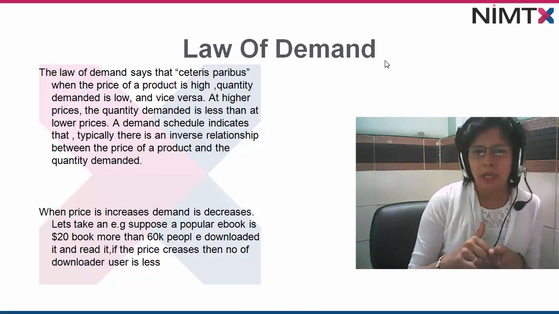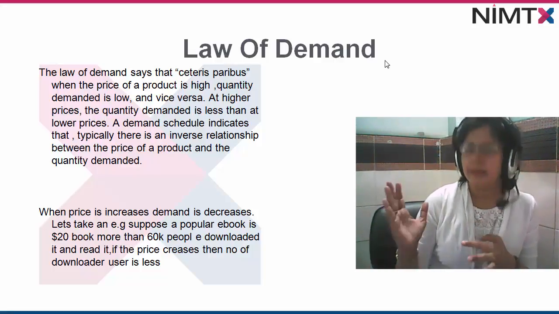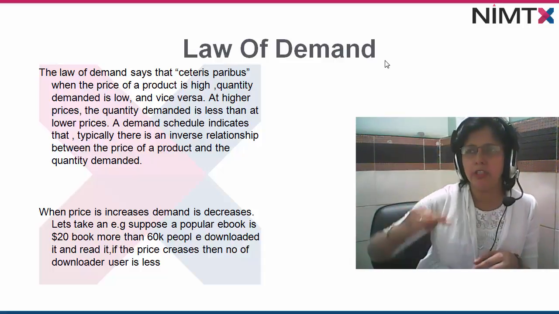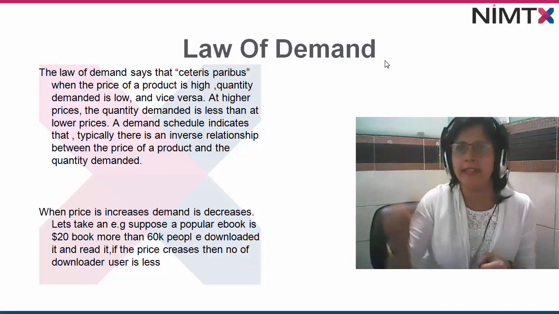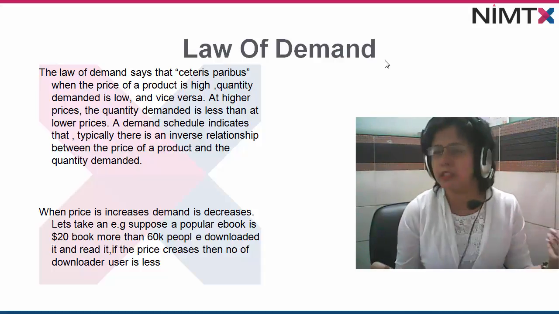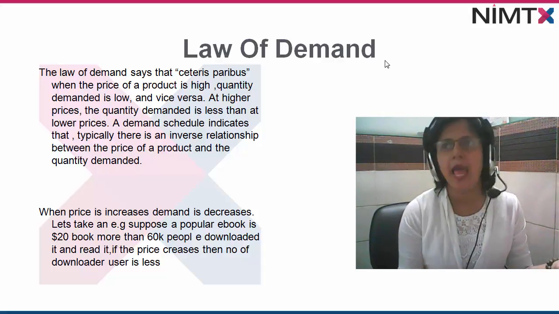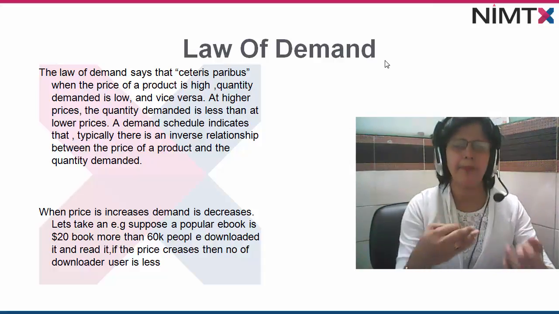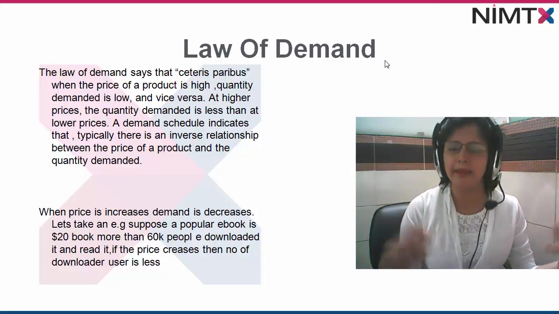Are you getting my point? It means that if the price of anything increases, nobody is going to buy that product. And if the price is getting low day by day, people are willing to purchase that thing.